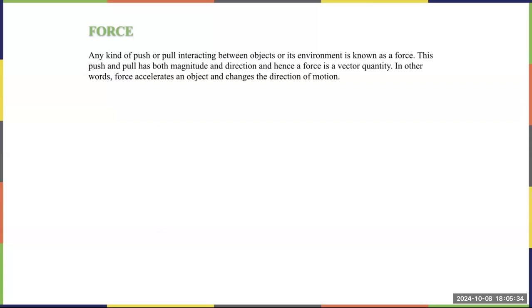Force is a quantity that has a magnitude and a direction as well. And a physical quantity that has magnitude and a direction is known as a vector quantity. So by definition, force is a vector quantity as well.